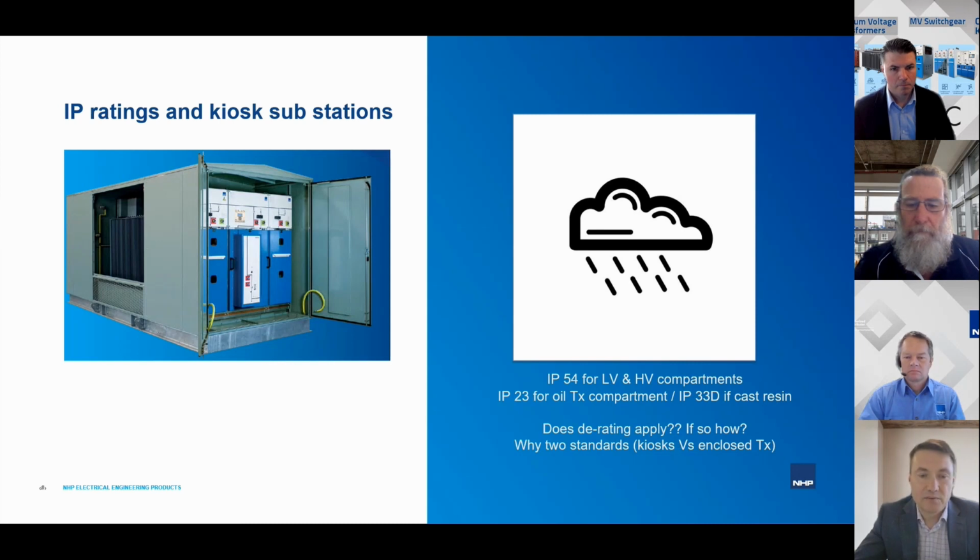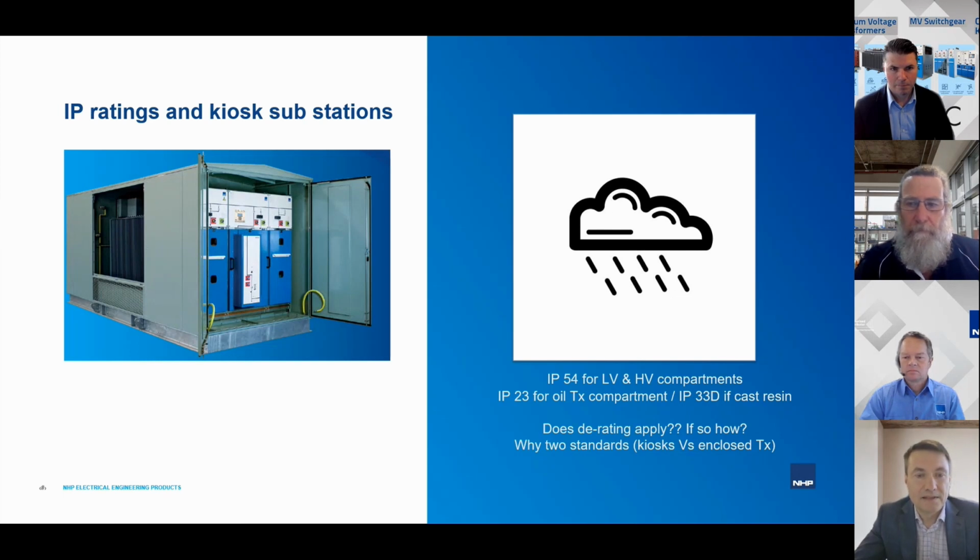So within a kiosk substation, which is covered by the 62271-202 standard, you typically have the following IP ratings. The HV end and LV end of the substation are IP54. It's obviously the protection from the environment that is important.